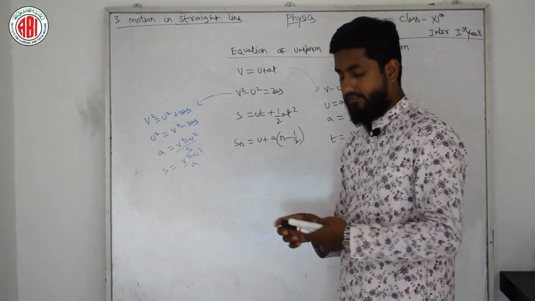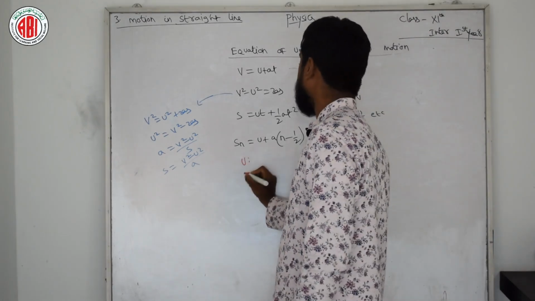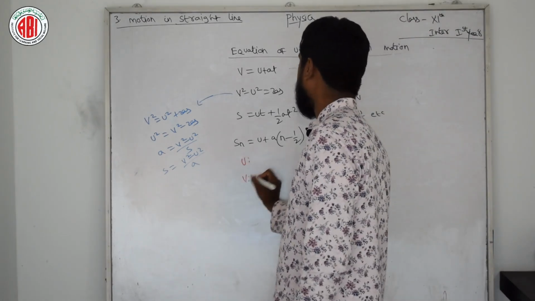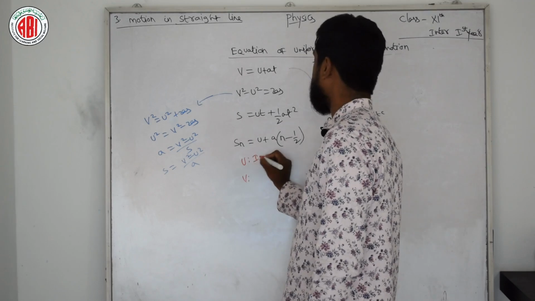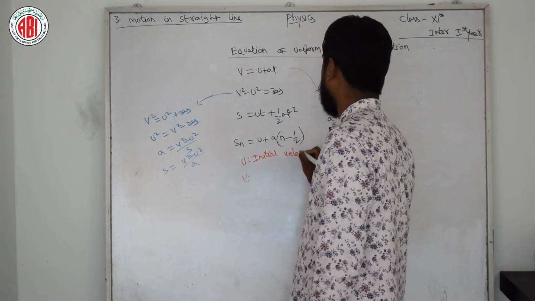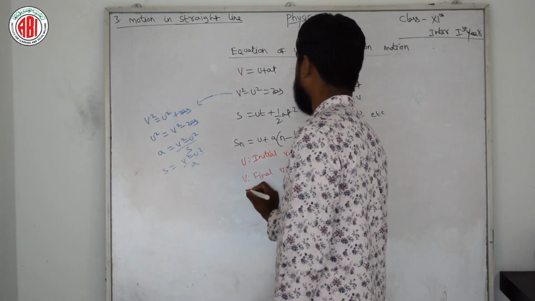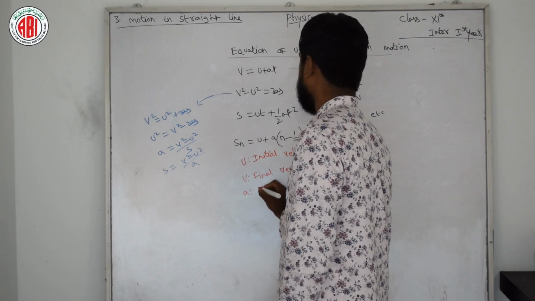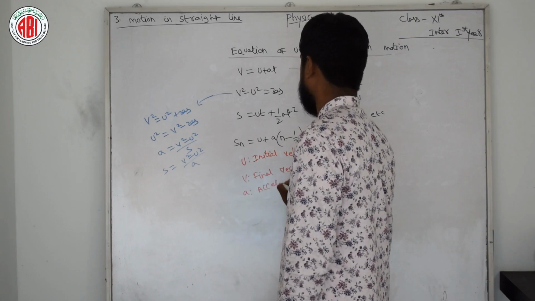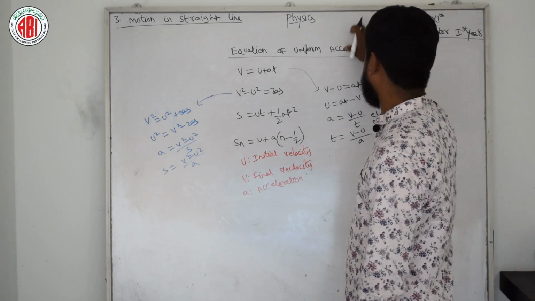Now I am explaining the terms. Here u is nothing but initial velocity, whereas v is the final velocity. Then we have a, which is acceleration.